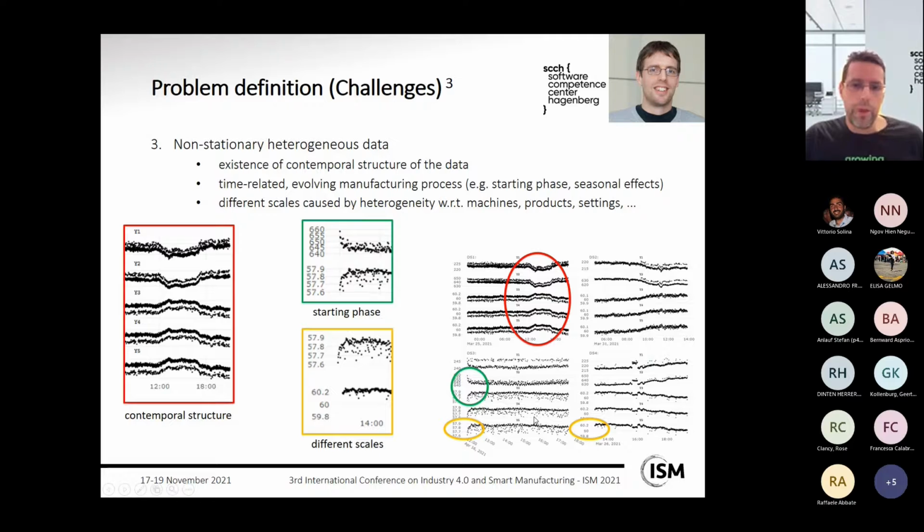For example, here we always had, after production breaks, some starting phase where we had certain trends, and we had to deal also with this. Also in these phases, we wanted to detect the problem. And another thing was that due to different machines and different products, often the same features were on a totally different scale, like here.